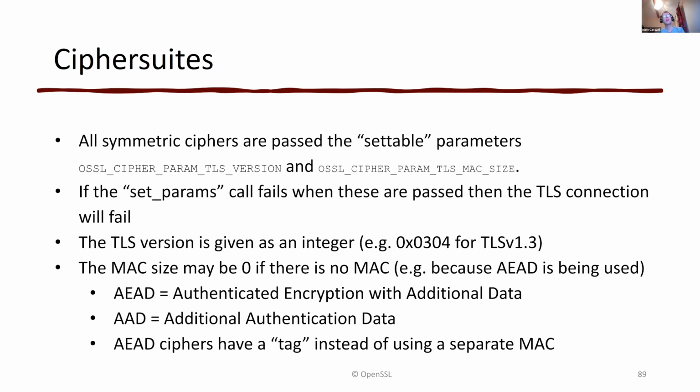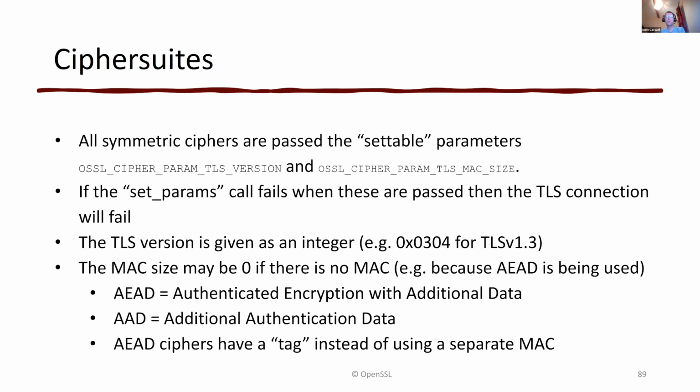Your symmetric cipher needs to be built with TLS in mind. It needs to have specific support for TLS. And importantly, it needs to support these two settable parameters: the OSSL cipher param TLS version parameter and the OSSL cipher param TLS max size parameter. All symmetric ciphers that are going to be used in cipher suites will have those as settable params.